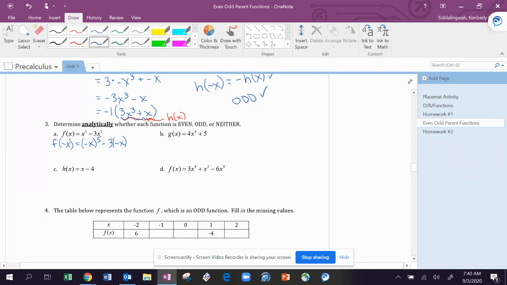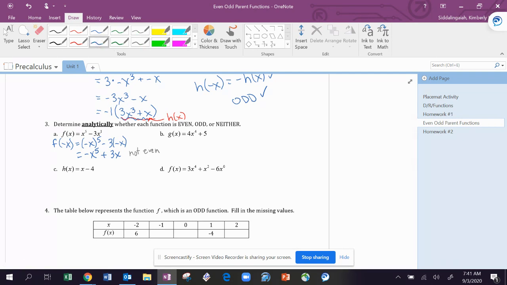And now I need to do some simplifying. So this is going to mean negative x to the 5th plus 3x. Well, that's definitely not the same as the original. So this step right here tells me that this function is not even.